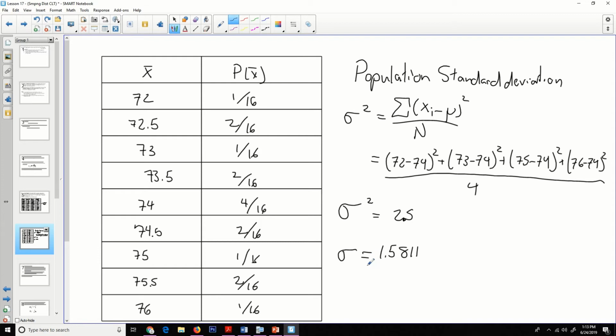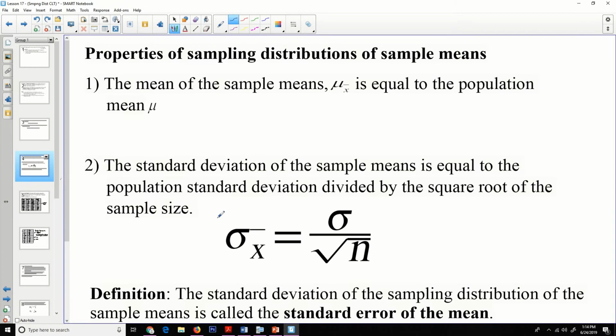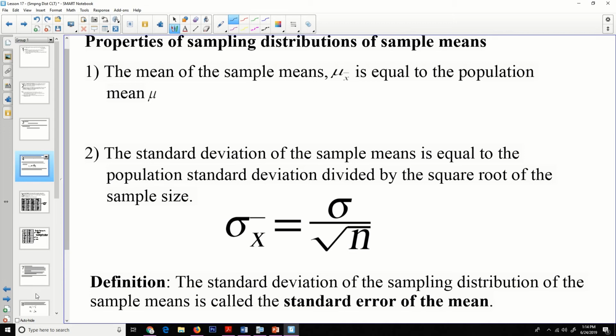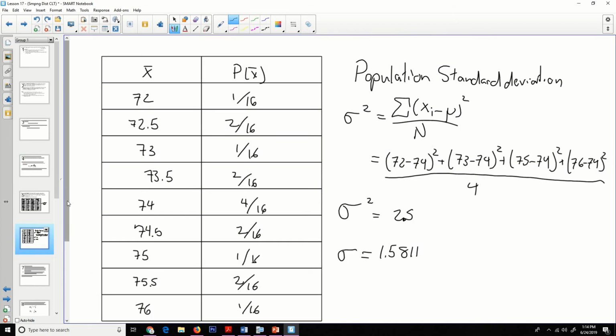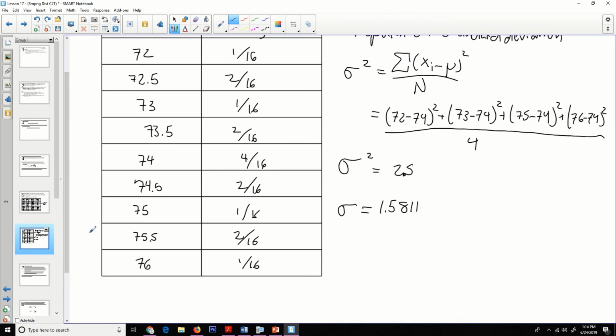Now, if we want to find the standard deviation of the sample means, we recall from this particular slide here, the standard error is just the standard deviation divided by the square root of the sample size.